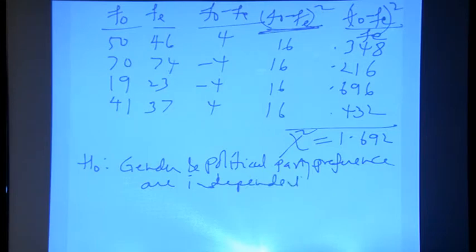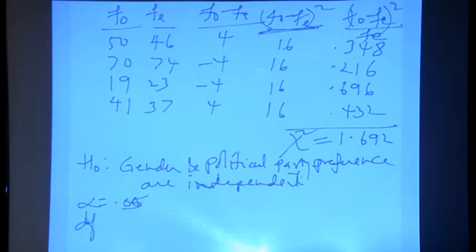That means there is no specific liking for a particular party, and we say alpha is 0.05, and then we have degrees of freedom.